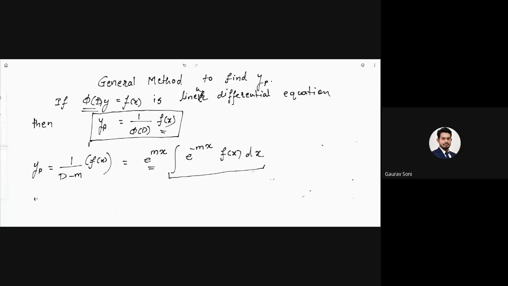From this you can also check how 1 upon d plus m operates on the function f of x. Anyone who can guess? Not quite.